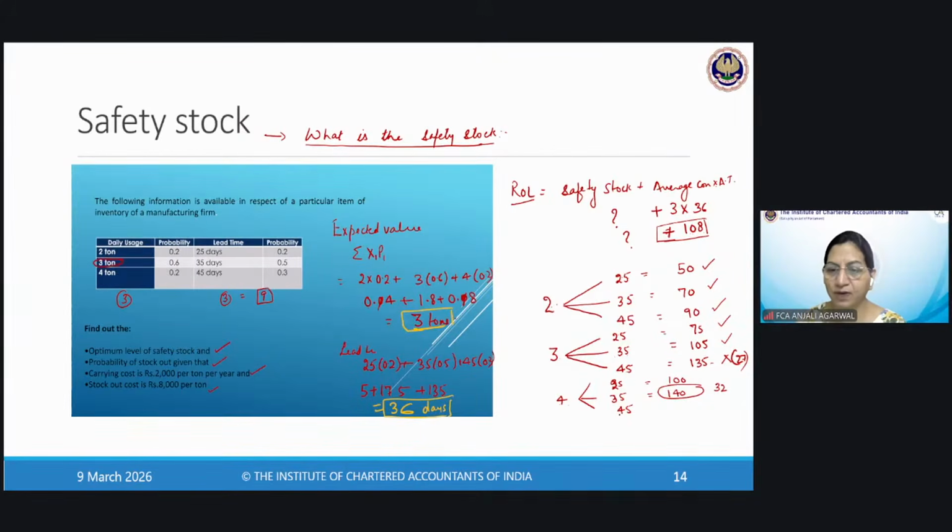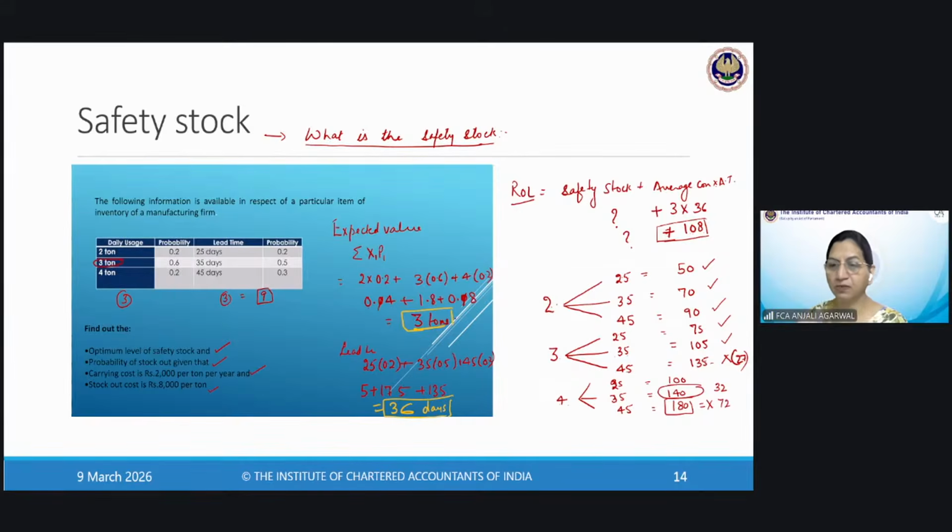And if it so happens that it takes 4 tons consumption and 45 days, that means 180 units were required during this period. And you had only 108. So you were stocked out again by 72 units.